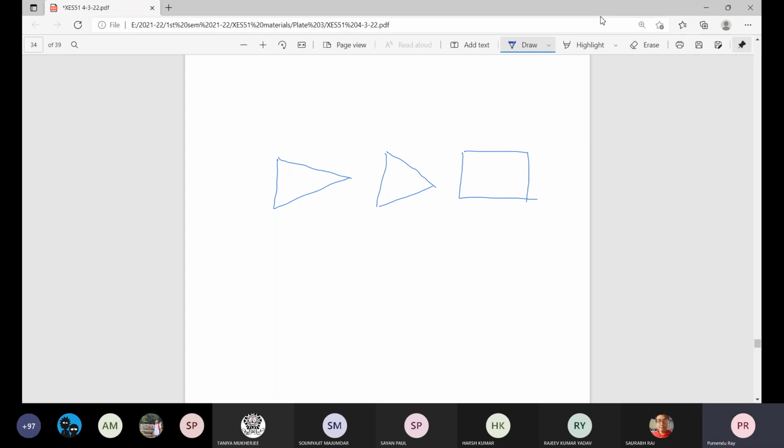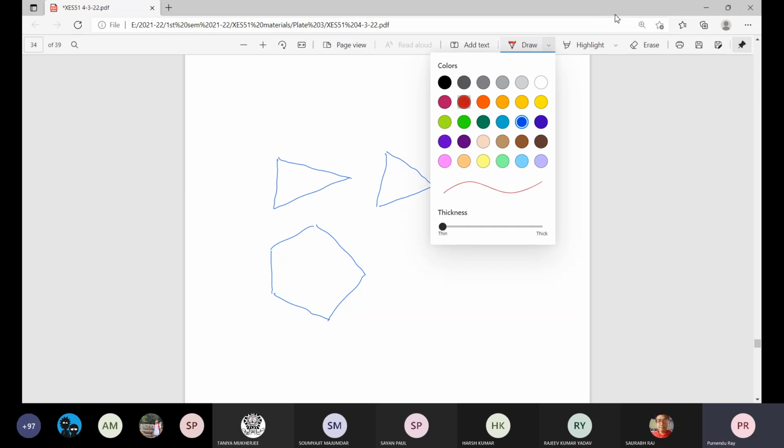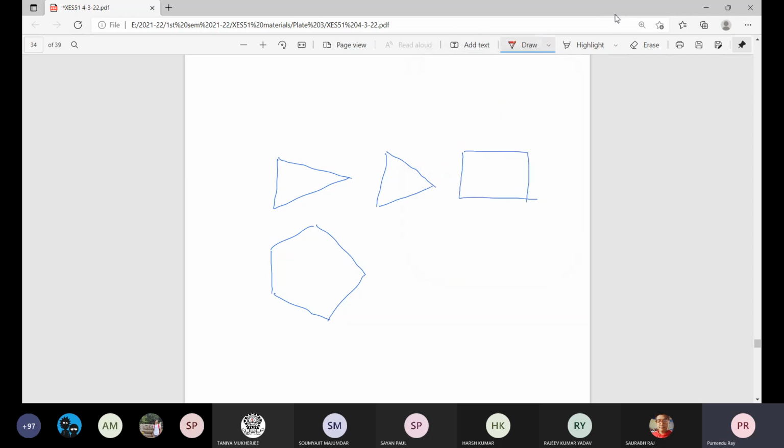The base may be a pentagon, regular or irregular. The next step is the geometrical center of the base, somewhere here, somewhere here, somewhere here.